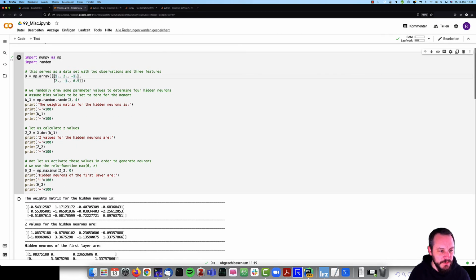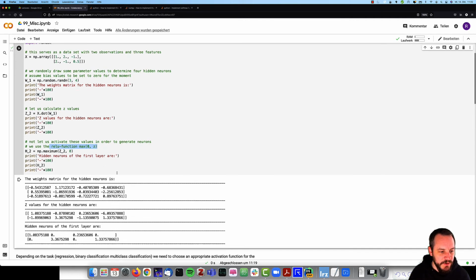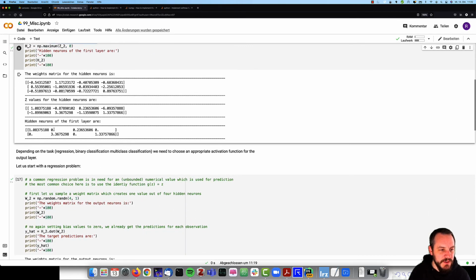We've already seen how we do this. If we want to generate 4 hidden neurons, then we need to multiply this 2 times 3 matrix with a 3 times 4 weight matrix. We assume the bias terms to be 0, and this generates the z values, and then we activated them with the ReLU function, and we ended up here with these hidden neurons.